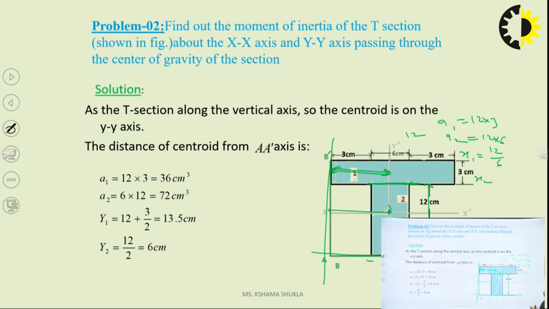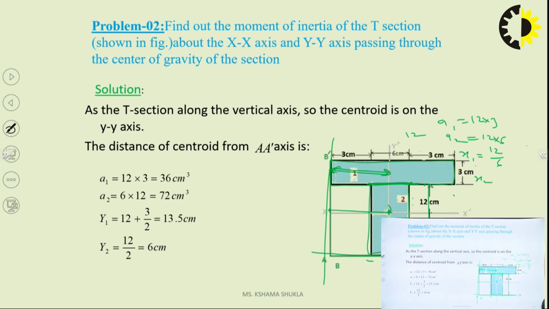In some questions, like this question, I want to tell you one more thing. If you see the CG of this section, this is our first section, this is our second section.